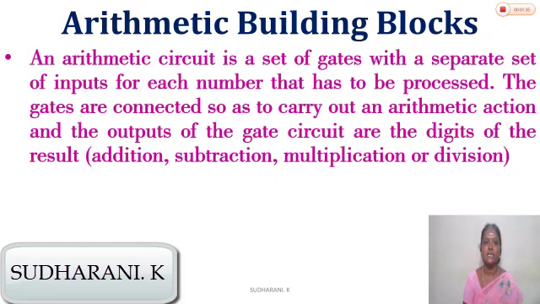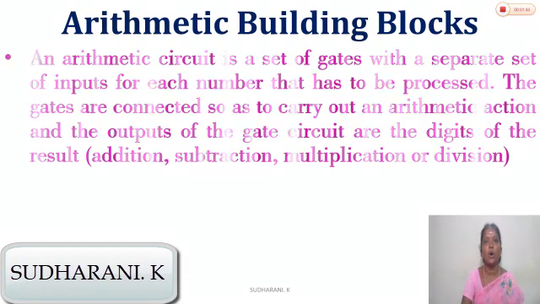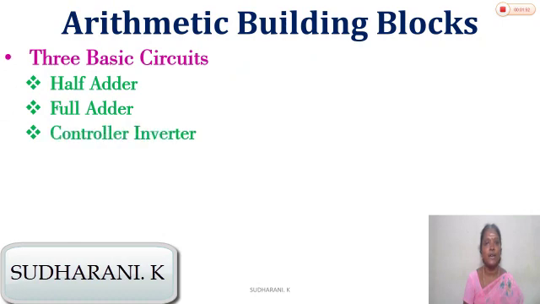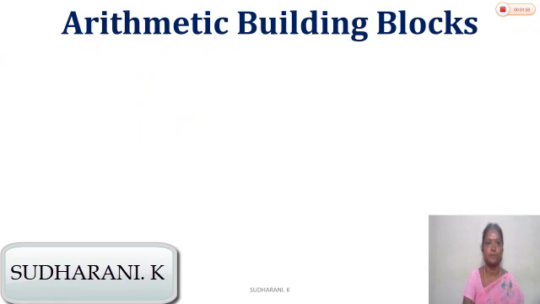That is, the digits of the result of an addition, subtraction, multiplication or division operation. So, the three basic circuits are half adder, full adder and controlled inverter.